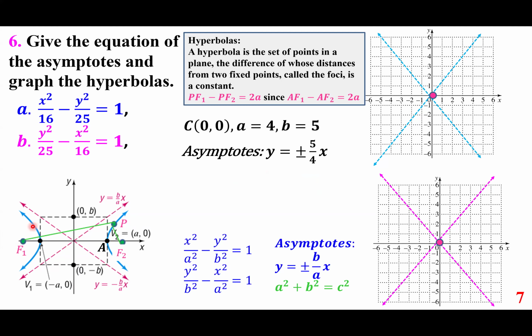So the vertices for this one are at (4, 0) and (-4, 0) because remember, x squared has a positive coefficient here, more specifically 1 over 16, versus this one, y squared. So this is the fundamental rectangle that I mentioned.